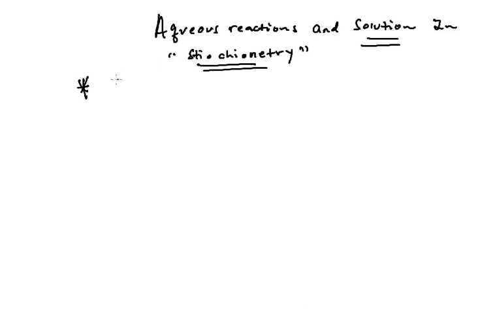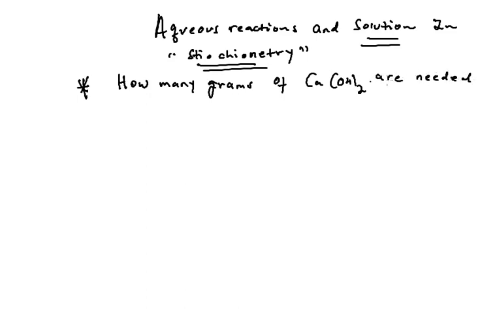The question that I would have for you here, I'll write it down: how many grams of calcium hydroxide are needed to neutralize 75 milliliter of 0.3 molarity of nitric acid.